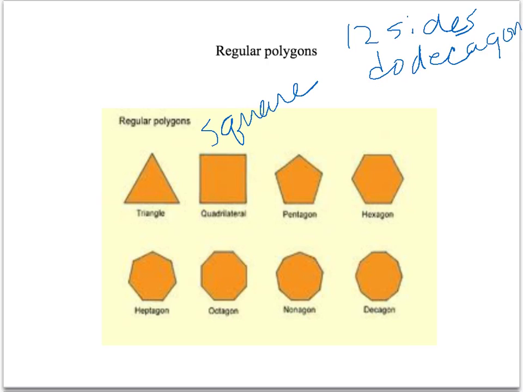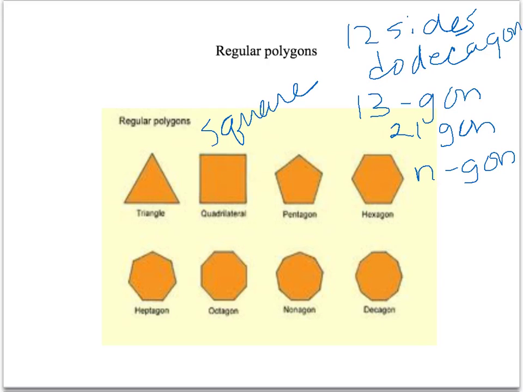Anything above 12 sides, you can just say the number of sides. For example, a 13-gon, or a 21-gon, or an n-gon, and n is the number of sides.